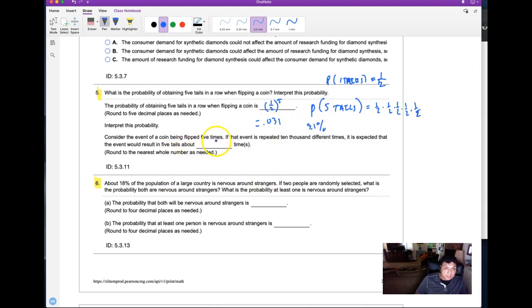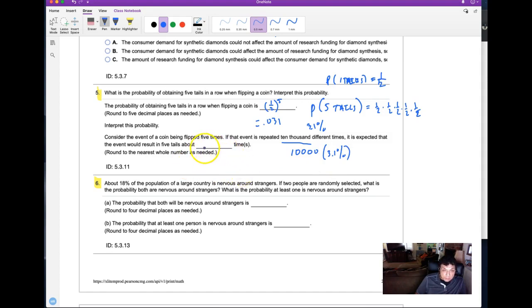Consider this event, and we repeated it 10,000 times. It's expected that the event will result in 5 tails. And so in this case, you just take your 10,000 and multiply it by 3.1%.